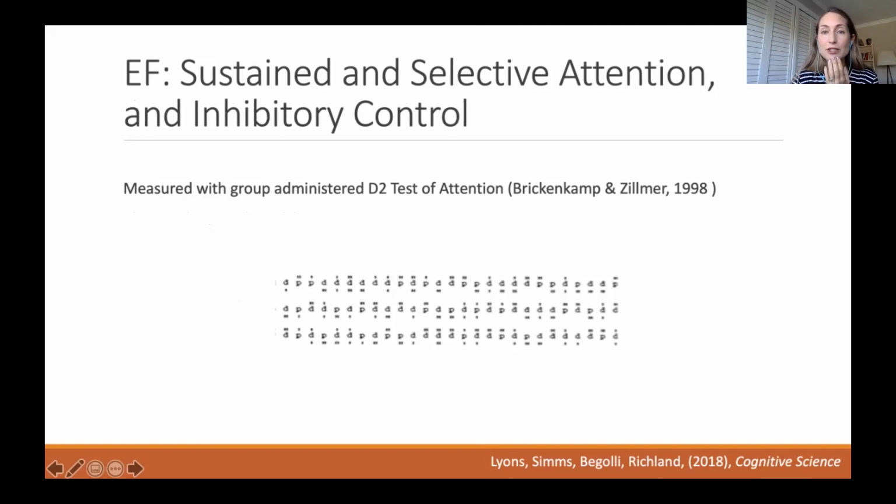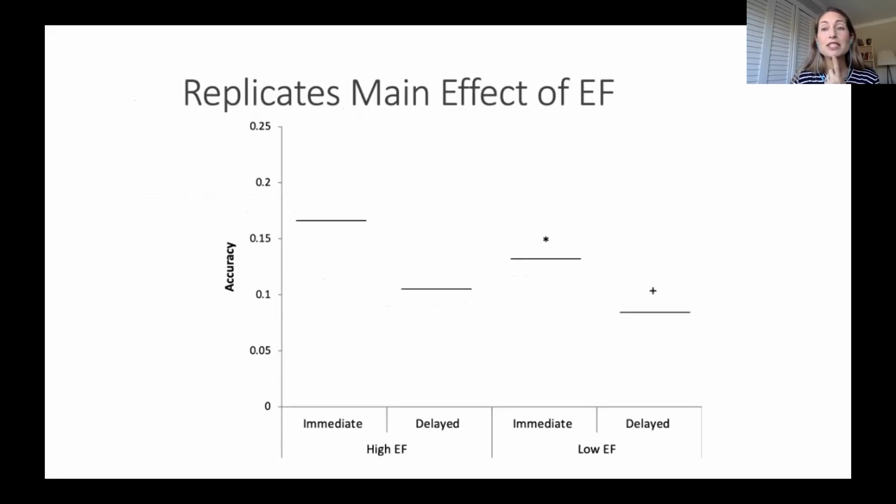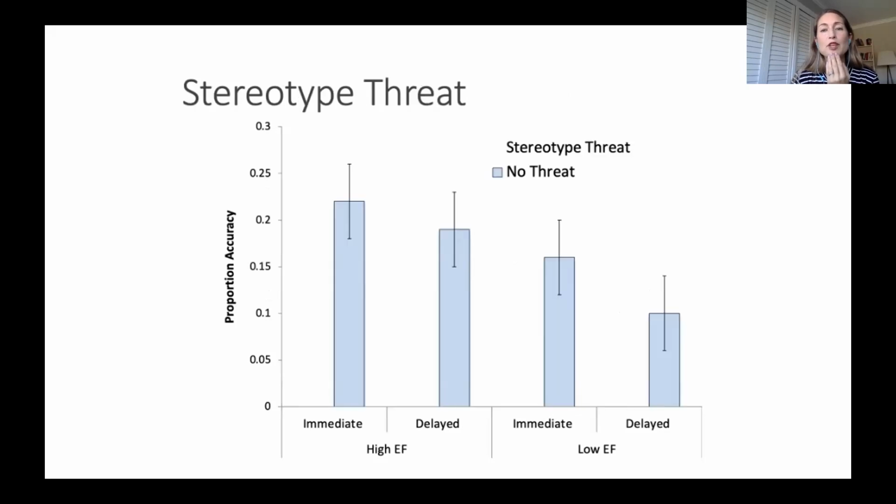They were given a D2 measure of attentional control. This is a nice group administered measure, but it's not a high-powered computer delivered EF measure. But basically with that, we replicated the main effect of EF. So with lower EF resources, you see lower learning and performance.